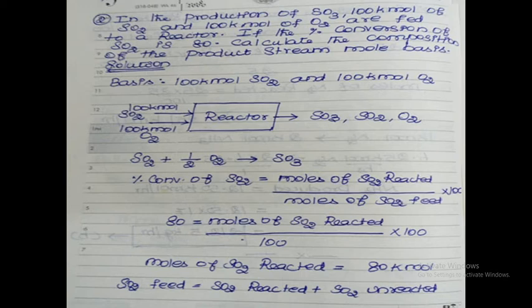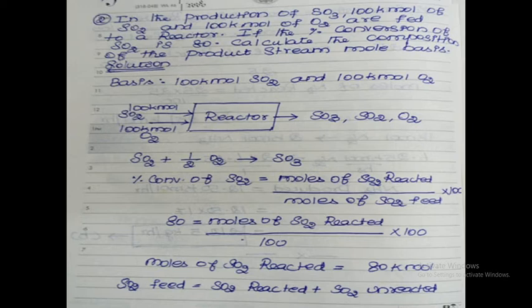Okay. As per the problem, you should draw a diagram. So this is the block diagram. Which equipment is used here? Reactor. Why? Because 100 kilomole of SO2 and 100 kilomole of O2 are fed to a reactor. Are you clear or not? Okay, only the reactor is used here.